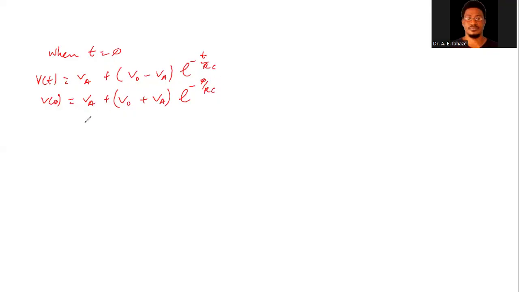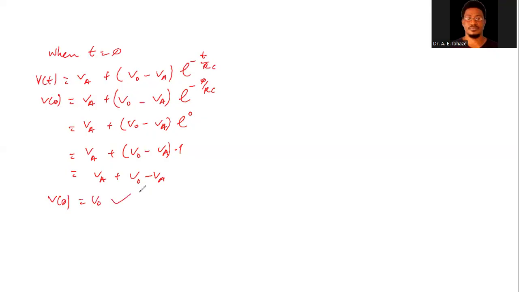So this will reduce to VA plus V naught minus VA exponential 0, right? So that's VA plus V naught minus VA times 1, right? So that will be VA plus V naught minus VA. VA minus VA cancels, so V of 0 is equal to V naught, which is the initial value, okay?